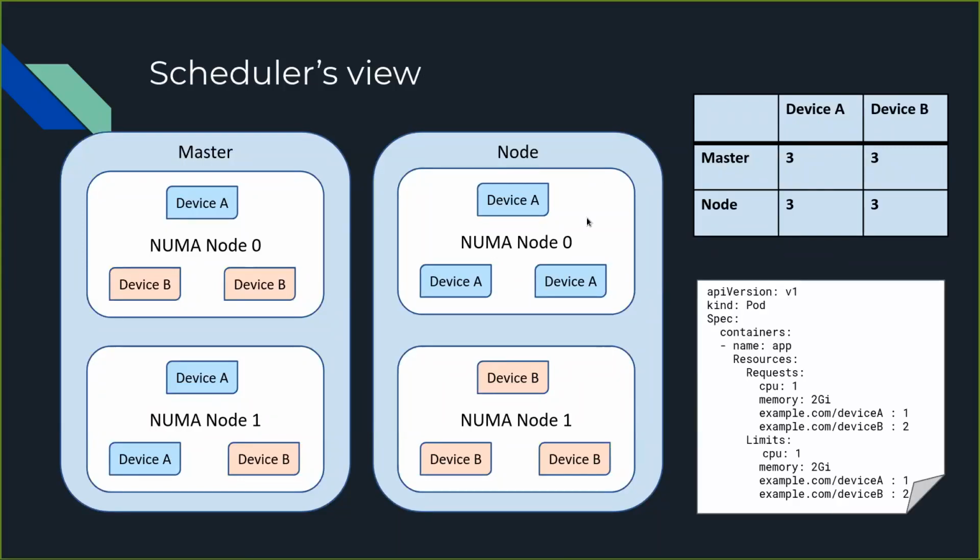So if a pod like this comes up, requesting one instance of device A and 2 instances of device B, the scheduler could think that the master node is suitable to place that pod. When it does that, everything works fine because topology manager understands that with the single NUMA node policy enabled, we can place it on NUMA node 0. But the problem happens when the scheduler decides to place it on, say, this node, where topology alignment is not possible, and a topology affinity error happens because topology manager rejects the pod.